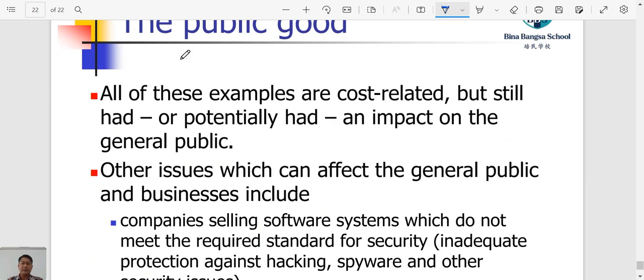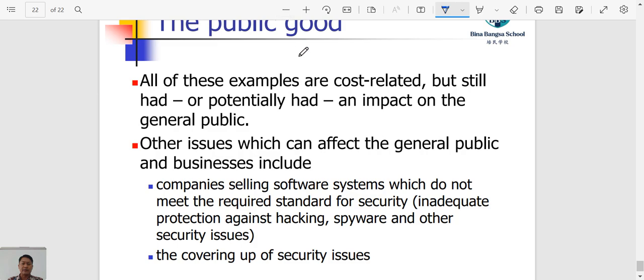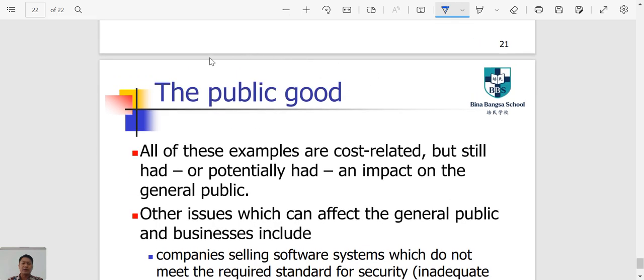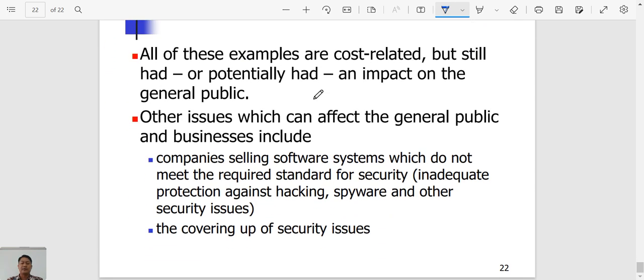For the public good, whatever we develop, software or hardware, should have a very good impact on the general public. All right, and so that ends my discussion about basic ethics or computer ethics. Thank you very much.